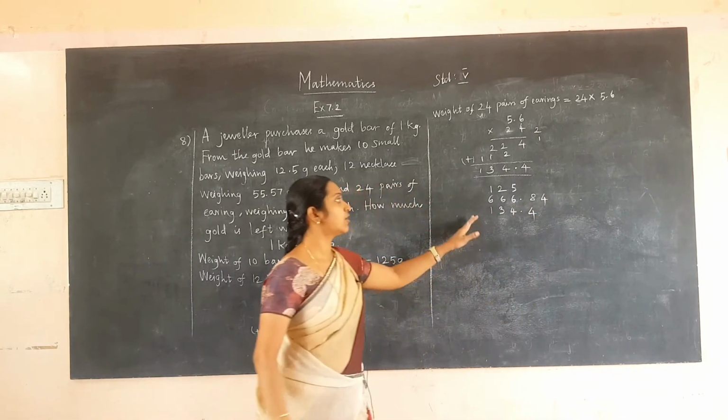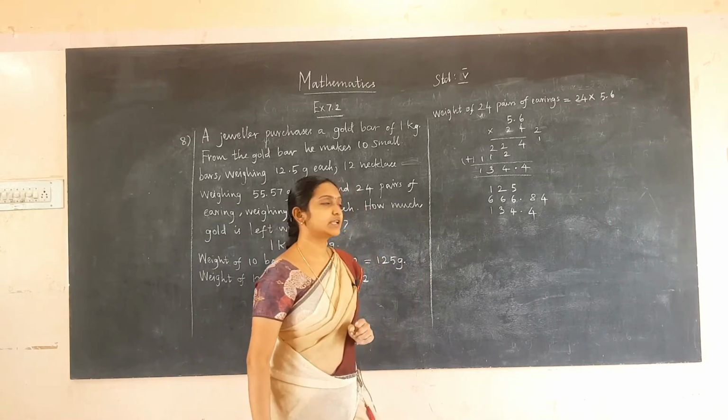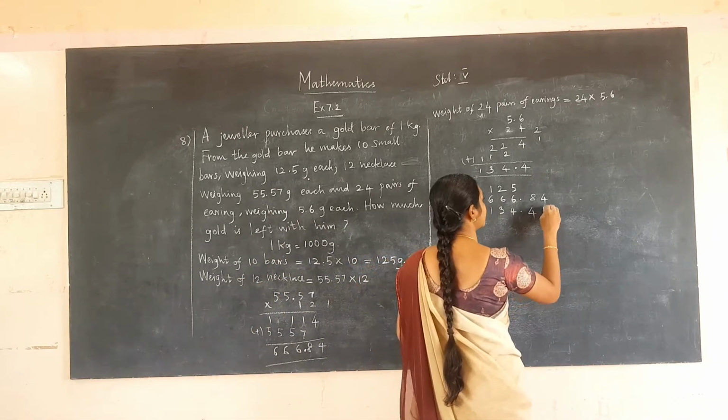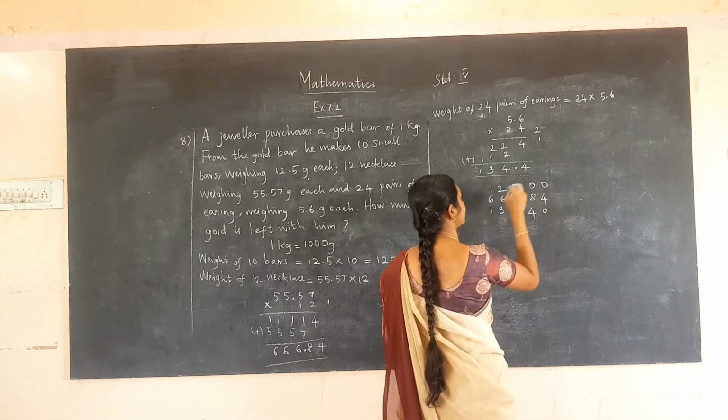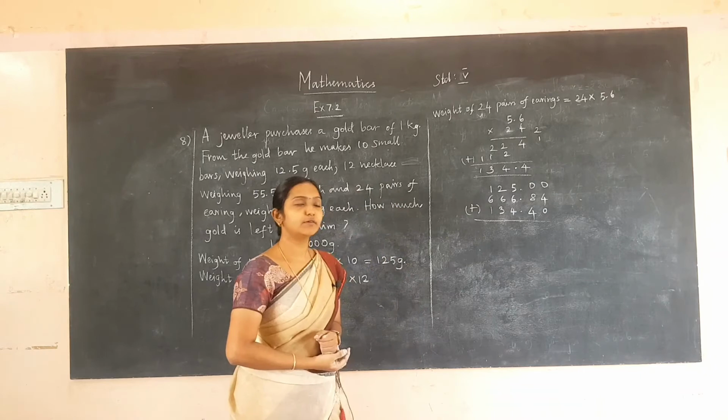You can see that all these are unlike decimals. We are going to convert unlike decimals to like decimals by putting 0. All these are like decimals now. Now we can add.